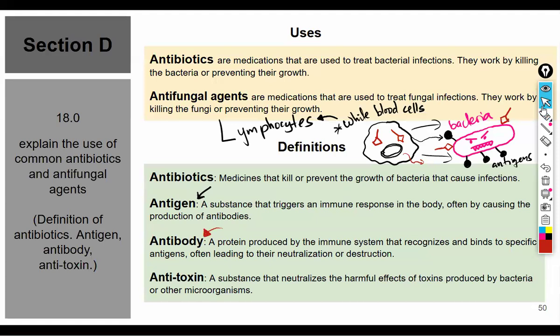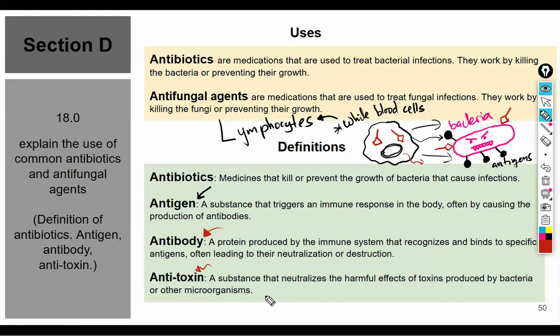But it can't make the antibody until it figures out what kind of bacteria it's dealing with, right? And there's another thing. Sometimes bacteria produce toxins. An antitoxin is something that will fight against the toxin.